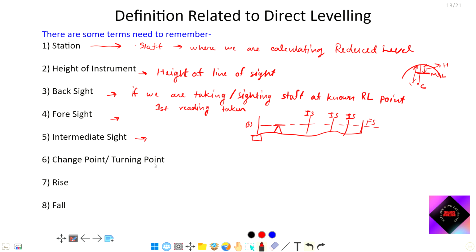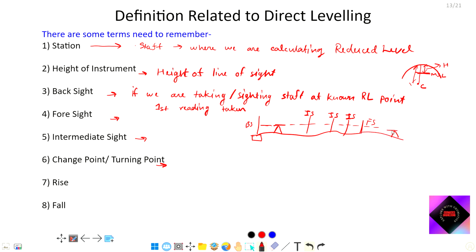So just keep in mind what these terms are known for. And what is the changing point or turning point? Changing point or turning point is that point after which the position of the instrument gets changed. For example, this is the foresight. Here we can end the leveling, or we can change the position of the instrument.